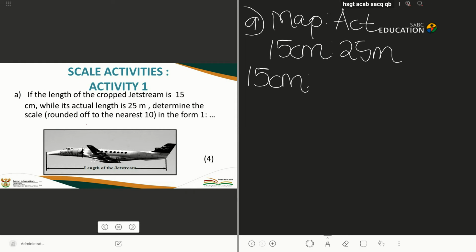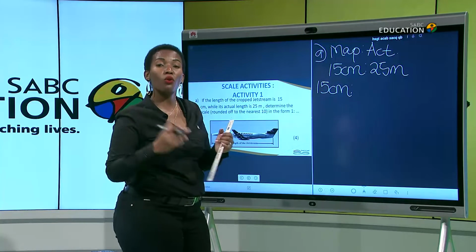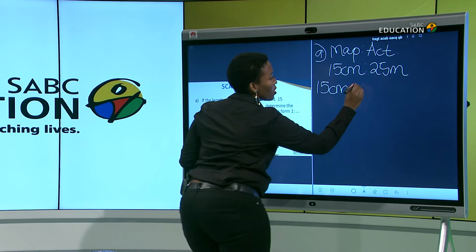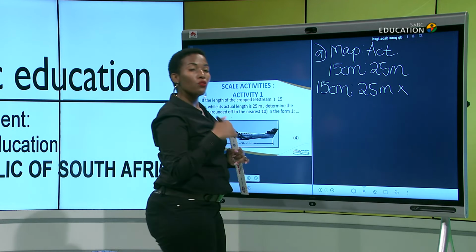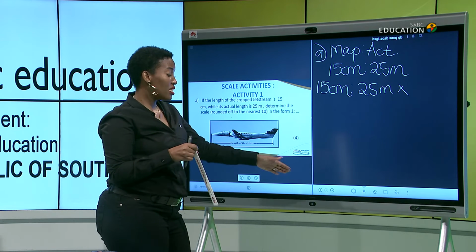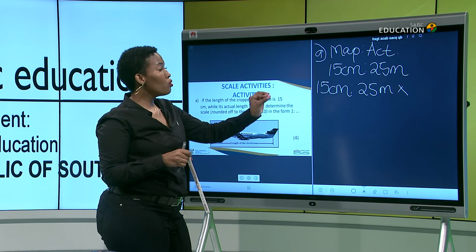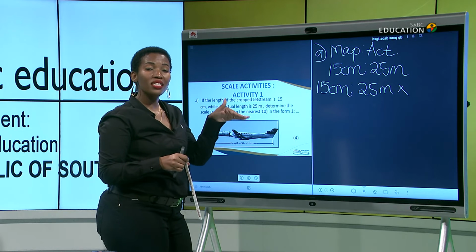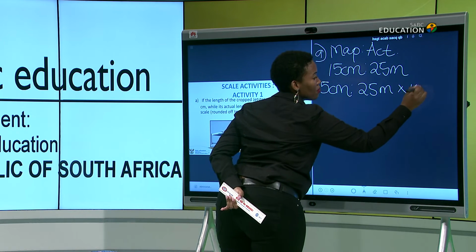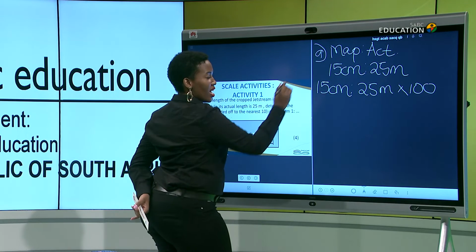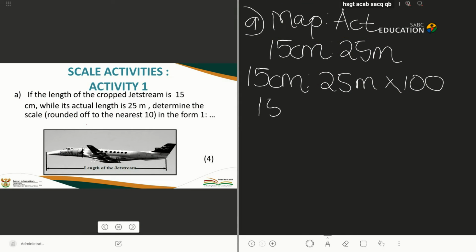We are converting from a larger unit to a smaller unit, so we are going to multiply. So it will be 25 meters. If you use that conversion factor that we did, that is on the slide here, you will note that the conversion factor between meters and centimeters is 100. So I'm going to multiply by 100. And then we have 15 centimeters here is to 25 meters times 100.